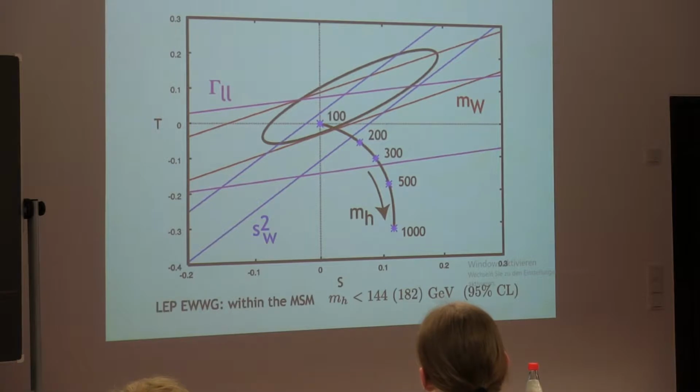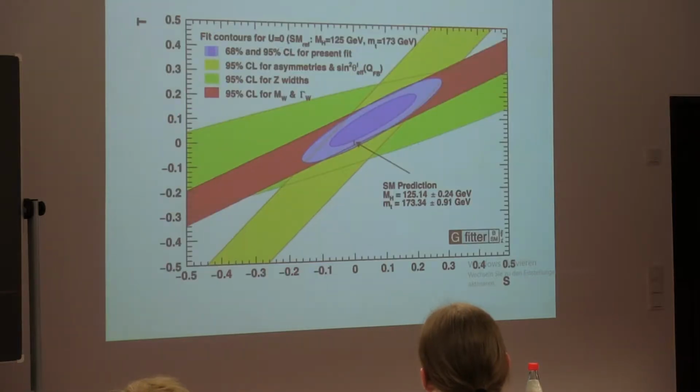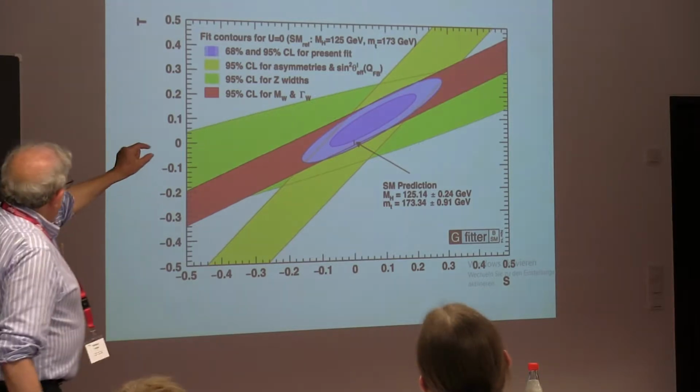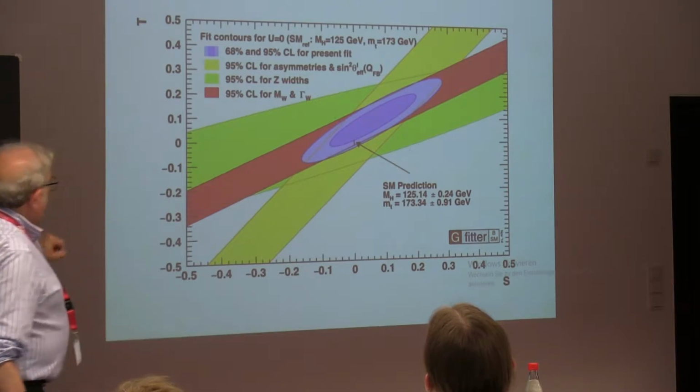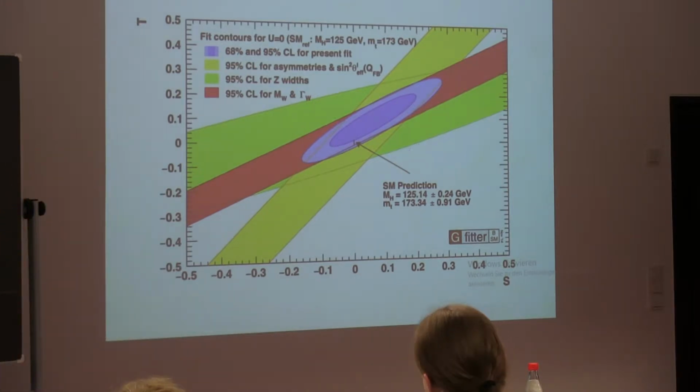And finally, here's the S-T diagram today. So again, showing the contributions from the W mass, the Z width, and that narrow red band is the electroweak asymmetries. And now the scale of this has decreased by about a factor of 5.